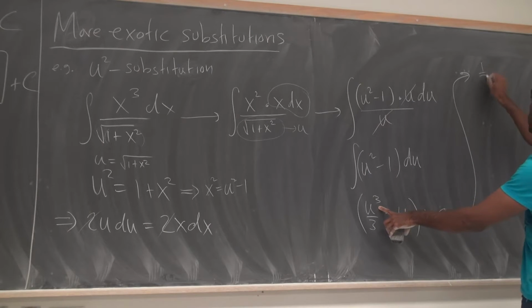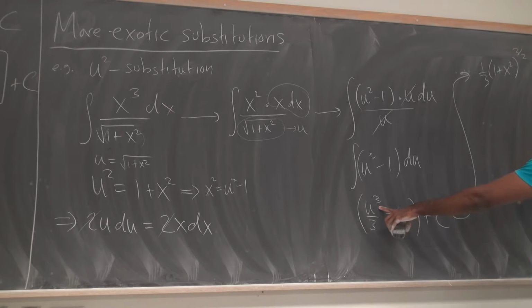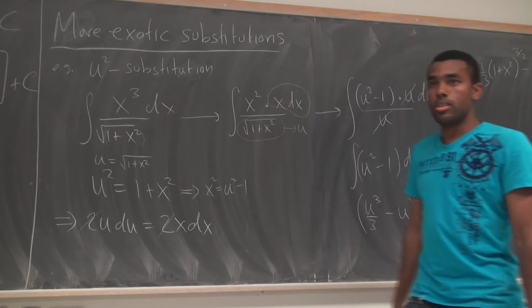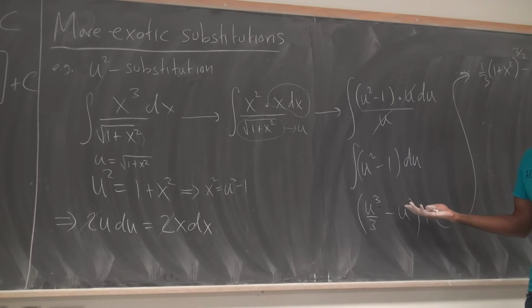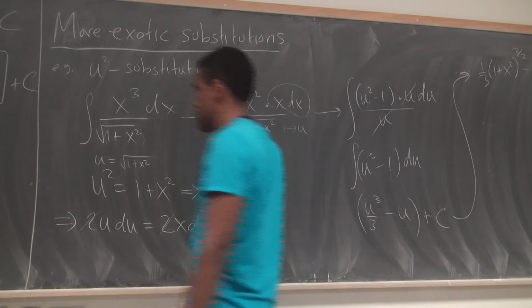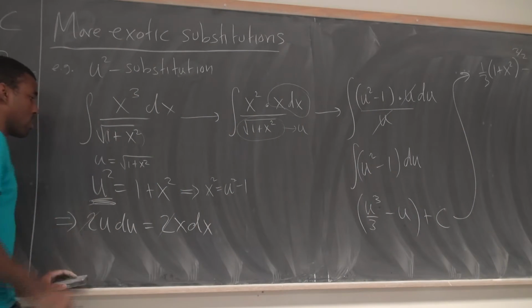So this is just 1/3 times 1 plus x squared to the 3 over 2 power, minus 1 plus x squared to the half power. And that's what we had before. Right? A lot easier, right? We thought it was easy before, now it's super easy, right? So things like that you should be aware of.